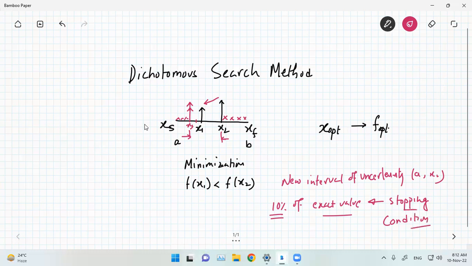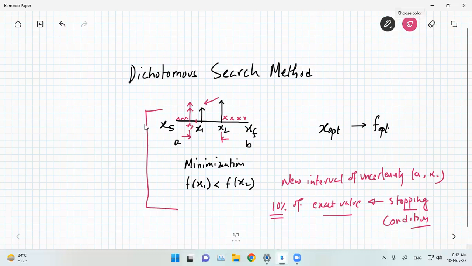Whenever our interval is within the 10% range, we have to stop. After every iteration, you have to check this condition of accuracy as well. These are the more general things we have discussed so far.